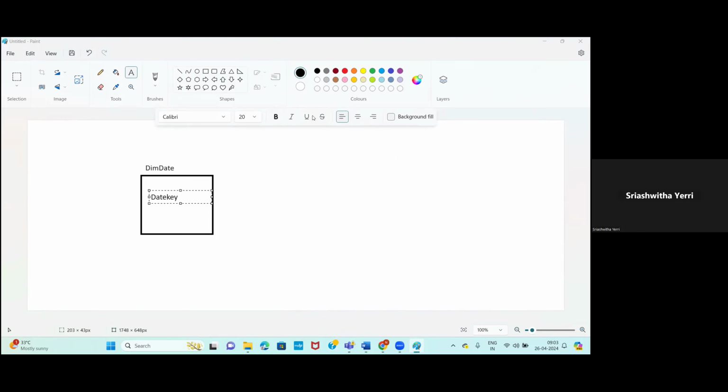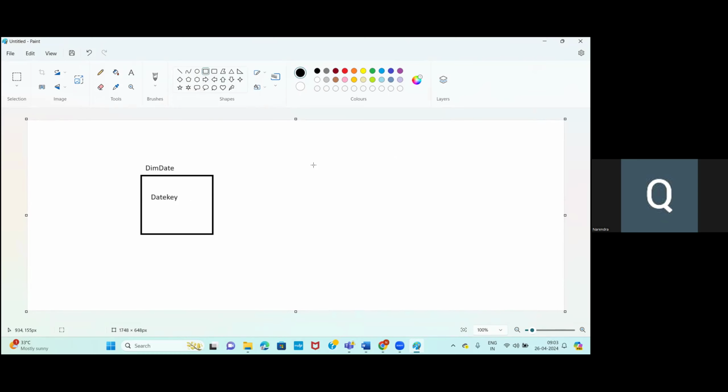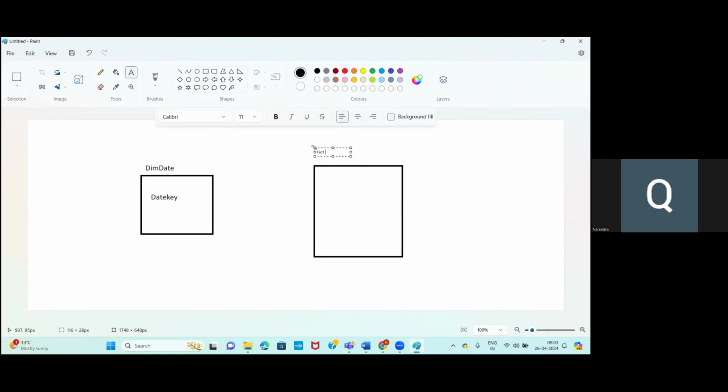Yes, ma'am. Okay. So for the date, dim date, we have a date key. In this date key we have a fact table, let's say. This is like fact one, two: fact order sale date, order date key, fact order sale product.